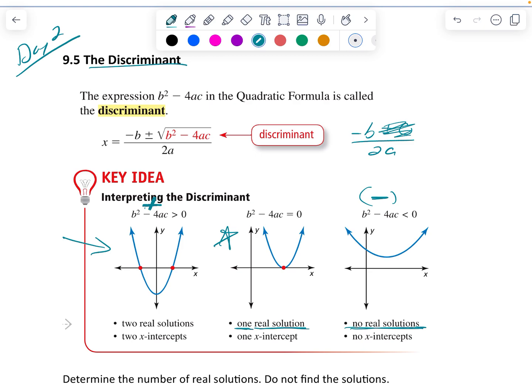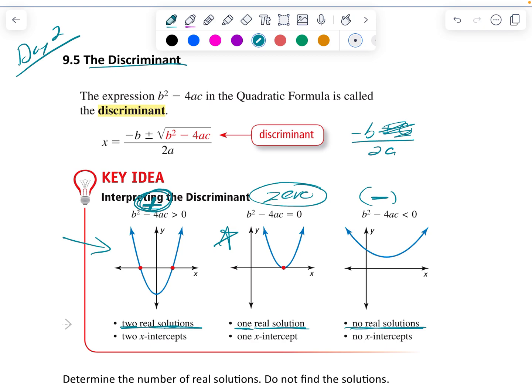So what's inside that discriminant, the b squared minus 4ac, or what's inside the square root, I should say, can tell us how many and what types of solutions. So if it's positive, we get two real solutions. If it's 0, then we get one real solution.